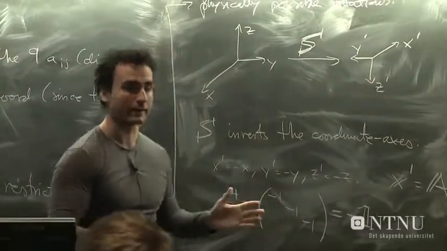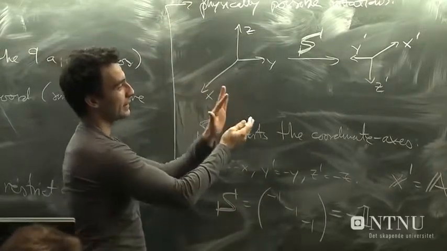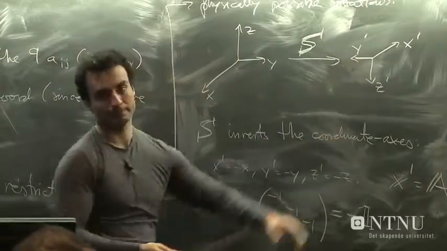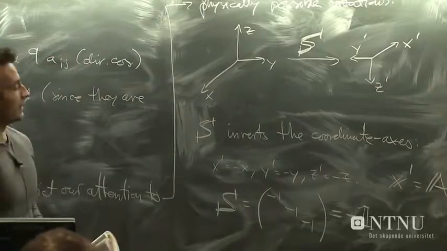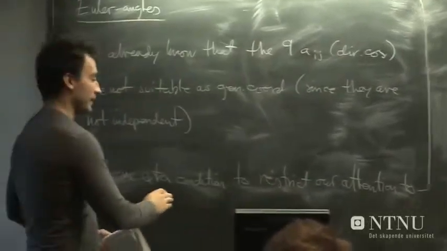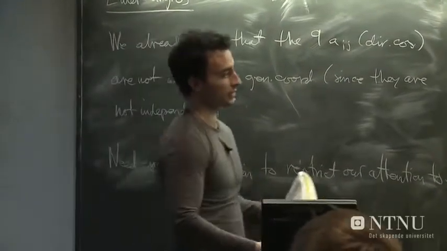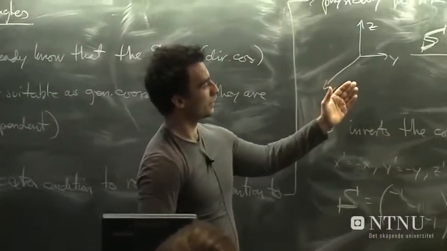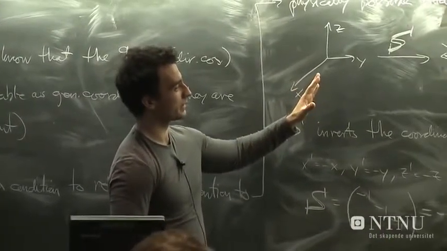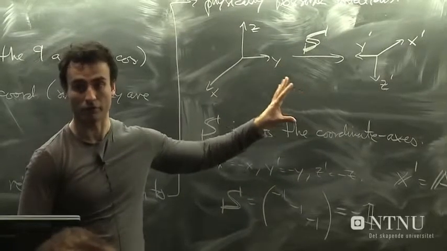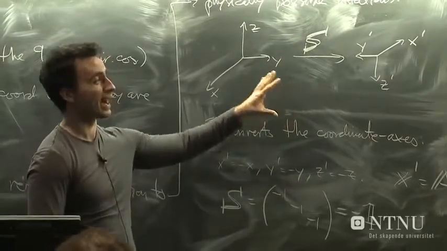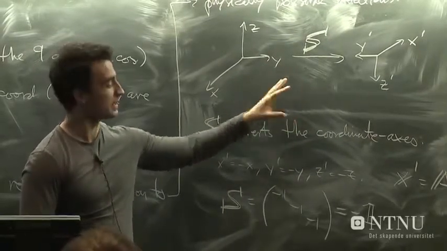So there's no way you can take this and rotate it into this. So if by physically possible rotations we mean something which this is not a part of, this is outside the set of physically possible rotations.